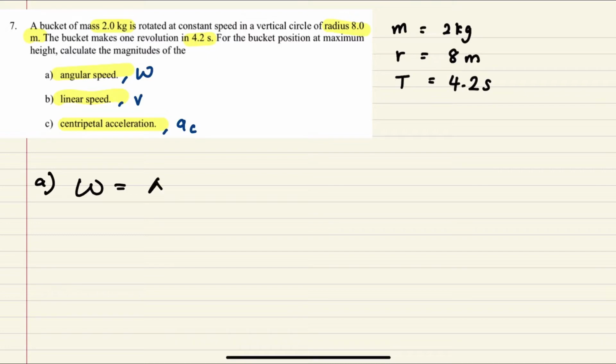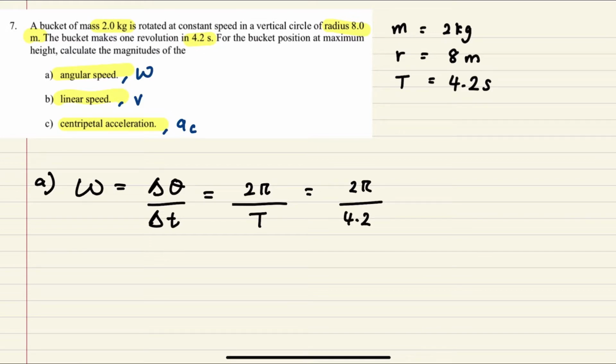The formula is delta theta over delta t, but if you are talking about one period, one complete cycle, remember the theta for one complete cycle is 2 pi. So this is the formula. Alternatively, if they give you frequency, you can write 2 pi f. Now you just have to substitute the value of the period, which is 4.2.